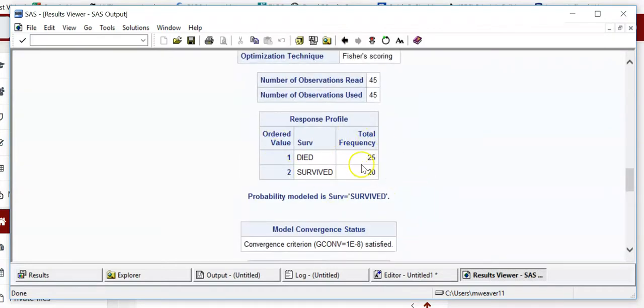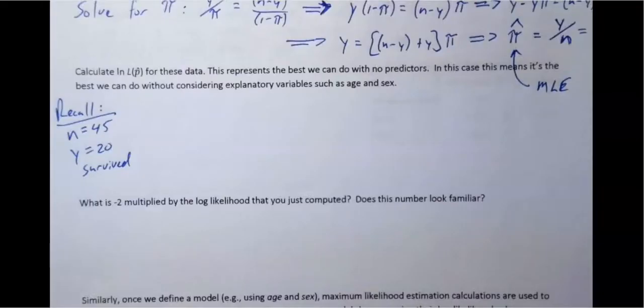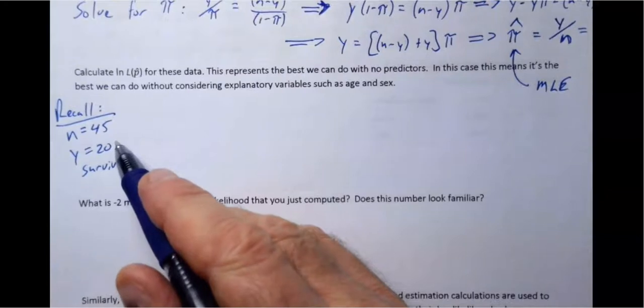Here's the response profile table. This data set has 45 observations, 25 died and 20 survived. So that is where I'm getting this, 20 survived.